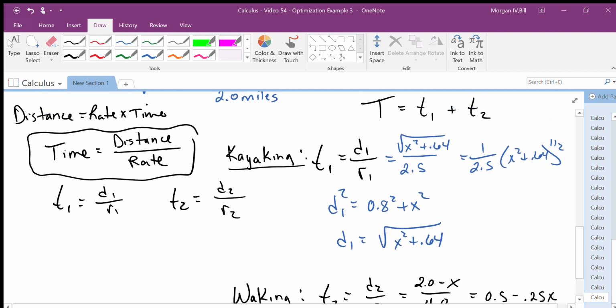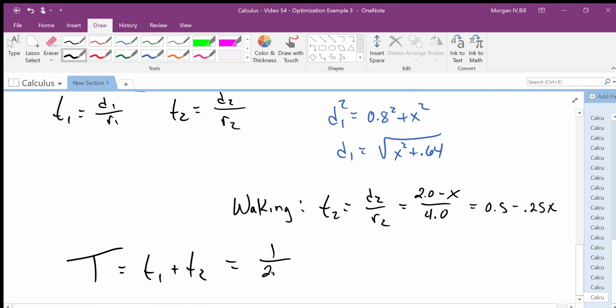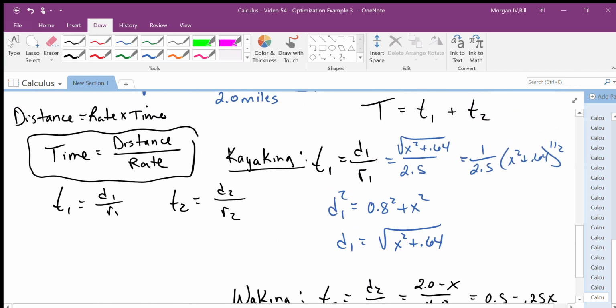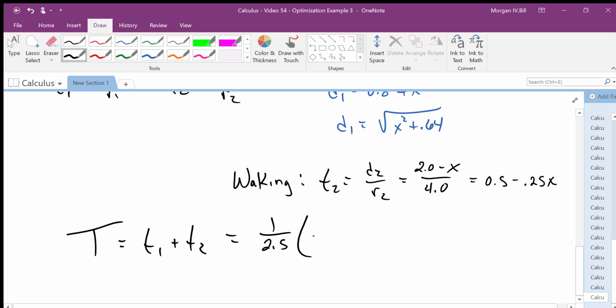That would be time 1, 1 over 2.5 times (x squared plus 0.64) to the 1/2, plus time 2, 0.5 minus 0.25x. Okay, this is good.